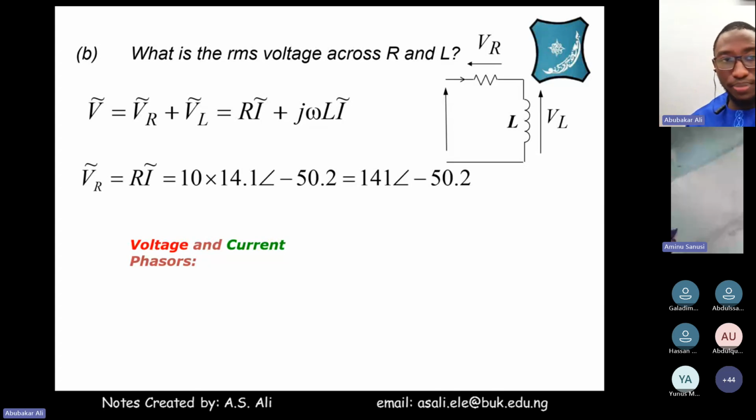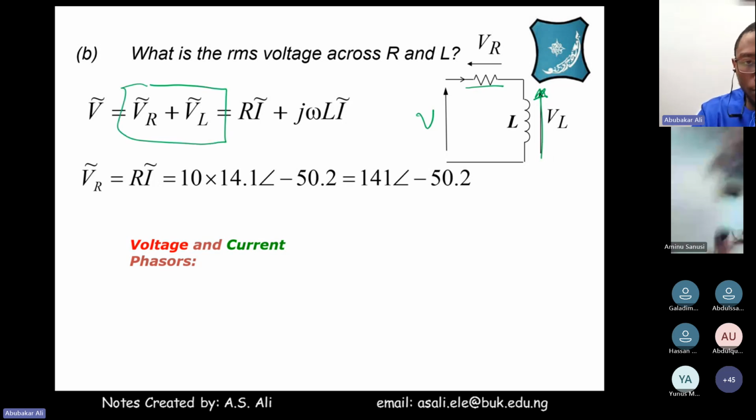Now let's go to the second part of the question. What is the RMS voltage across R and L? So what is the voltage across these two? What is the voltage across the resistor, and what is the voltage across the inductor? So the total V here is equal to VR plus VL.